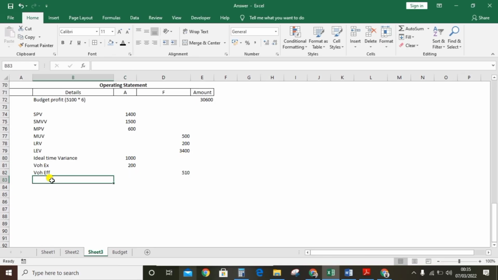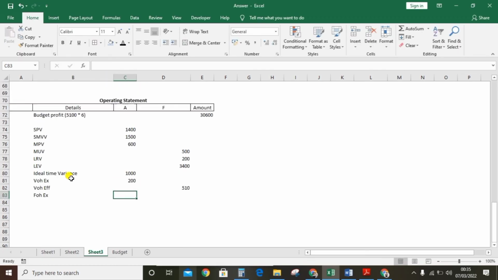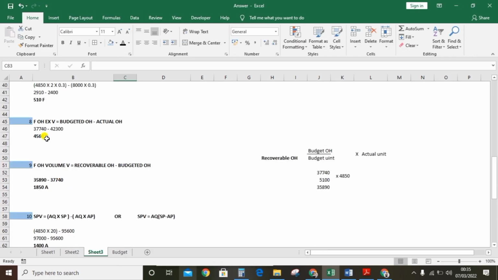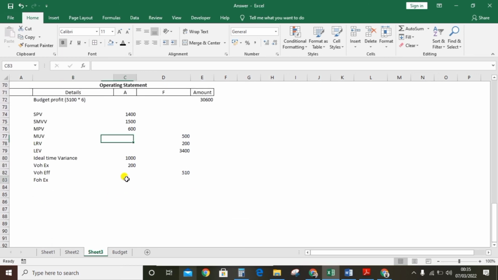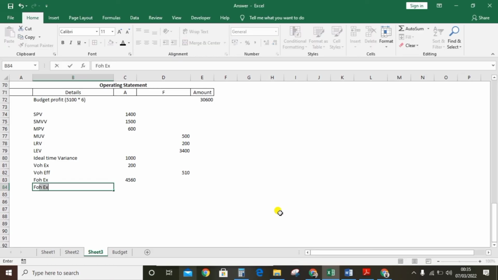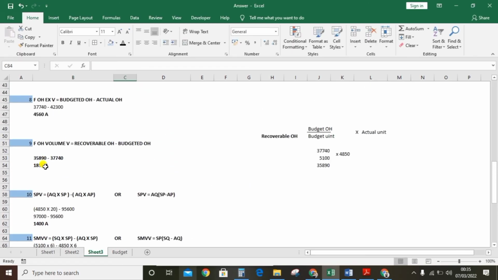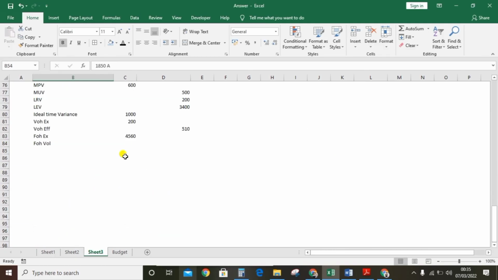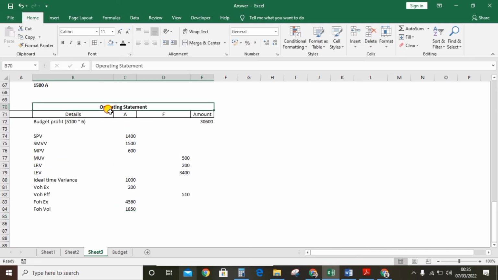Fixed overhead expenditure variance, 4,560 adverse. And fixed overhead volume variance, 1,850 adverse. So this is the operating statement.